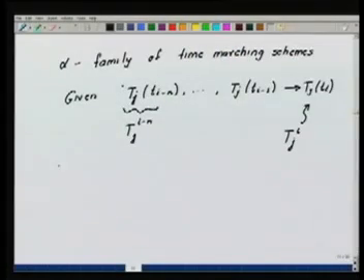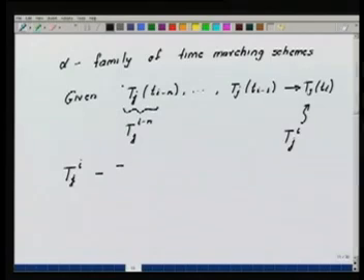So here we have that T_j at I, let us say I know the value at I minus 1.